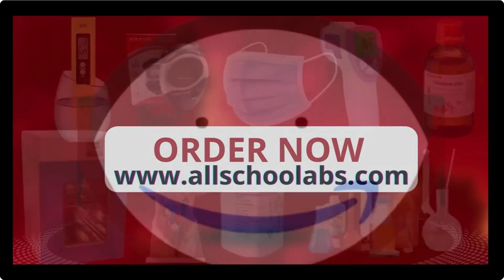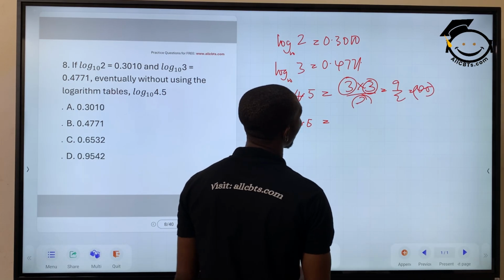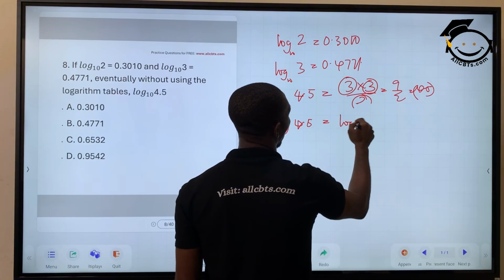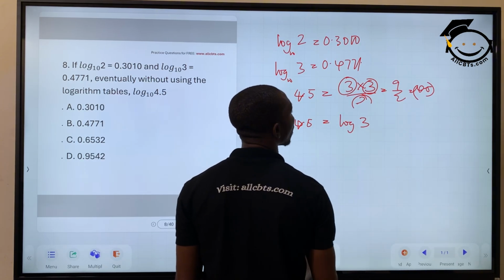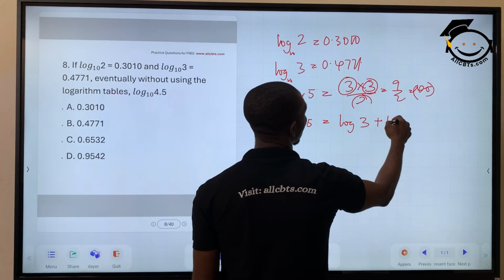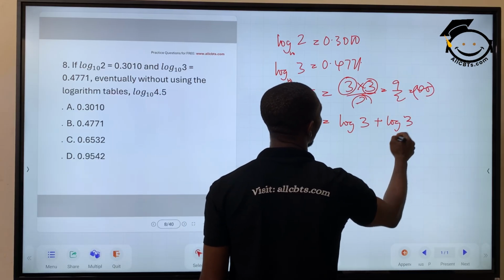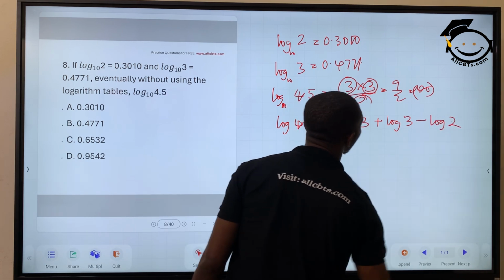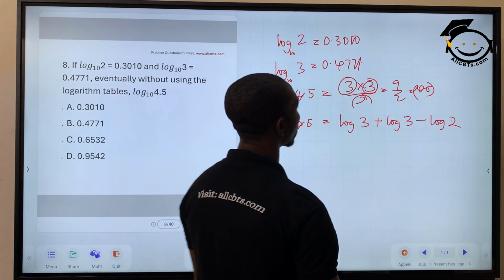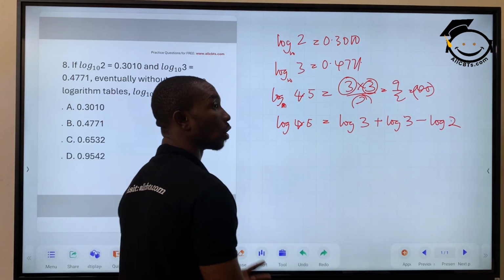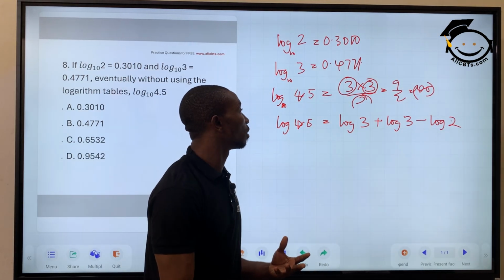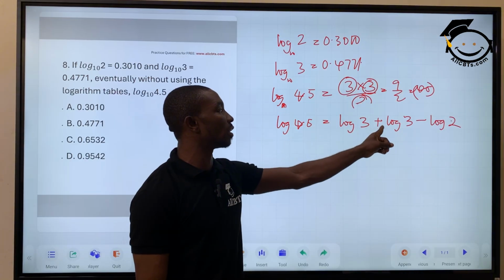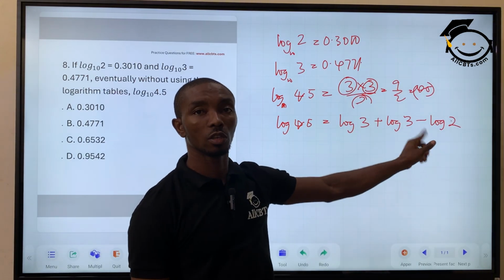log 3 times 3 over 2. Okay, now since in logarithm, multiplication is addition, so this becomes log 4.5 would be log 3 plus log 3 minus log 2, okay, to give us 4.5. Remember, in your logarithm laws, multiplication is addition, while division is subtraction.